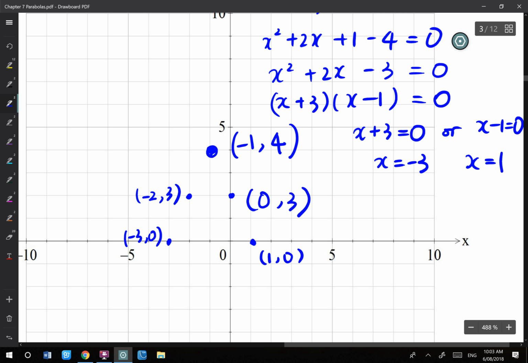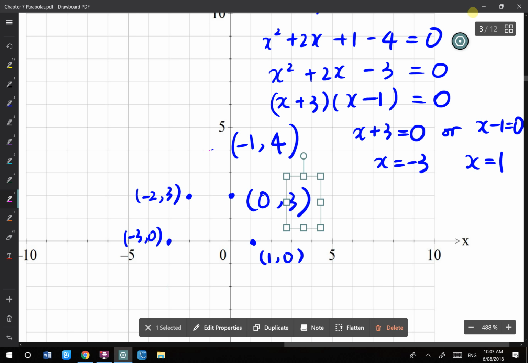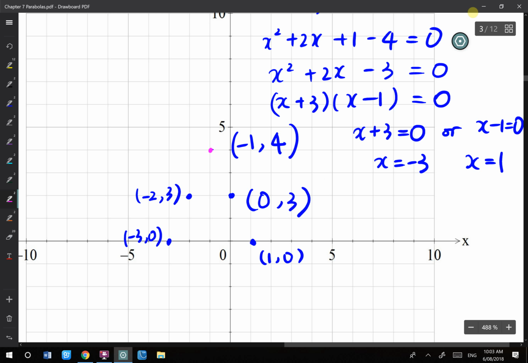Now I can see I have enough points, so I can just connect them.